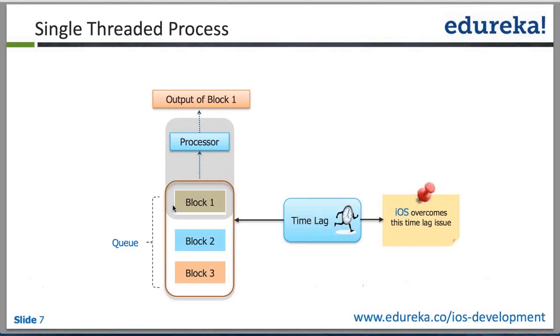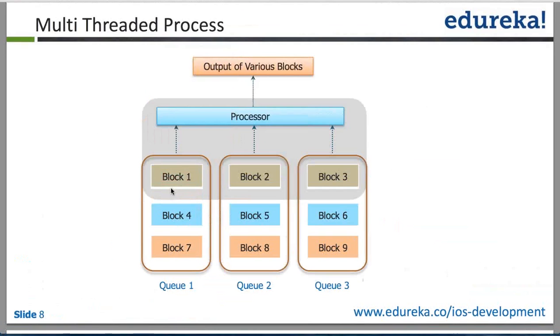So how can we avoid this? It's nothing but going for a multi-threaded process. Here we will have different queues: first queue, second queue and third queue. Whenever you add objects, block 1 will be added to the first queue, block 2 to the second queue, and block 3 to the third queue, and the simultaneous code executions or processes are automatically distributed inside those queues.